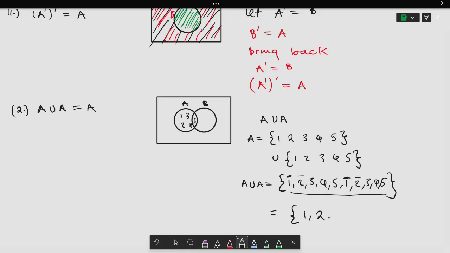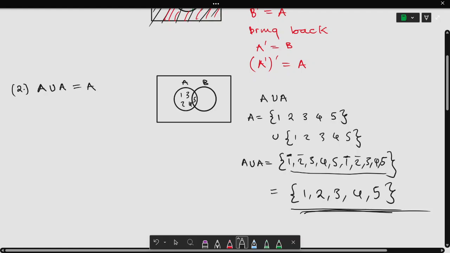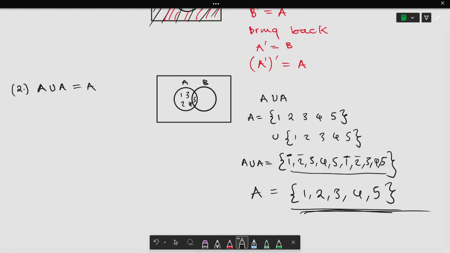We just write two once, three once, four once, five once, and you get this. You find that this is just equal to A, like we've said. So A union A will just be equal to A. That's one of the properties that you need to consider.